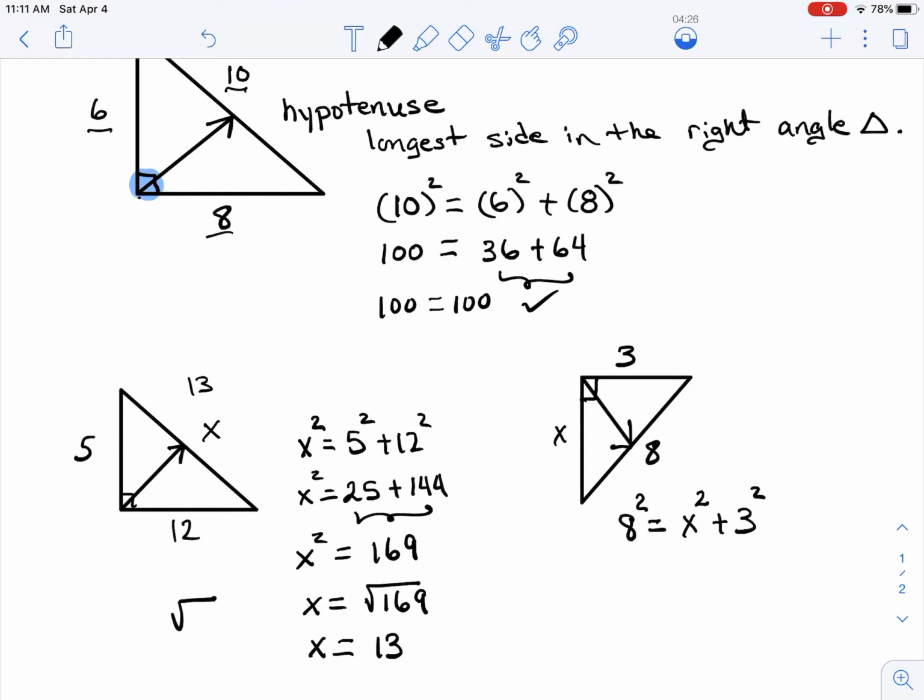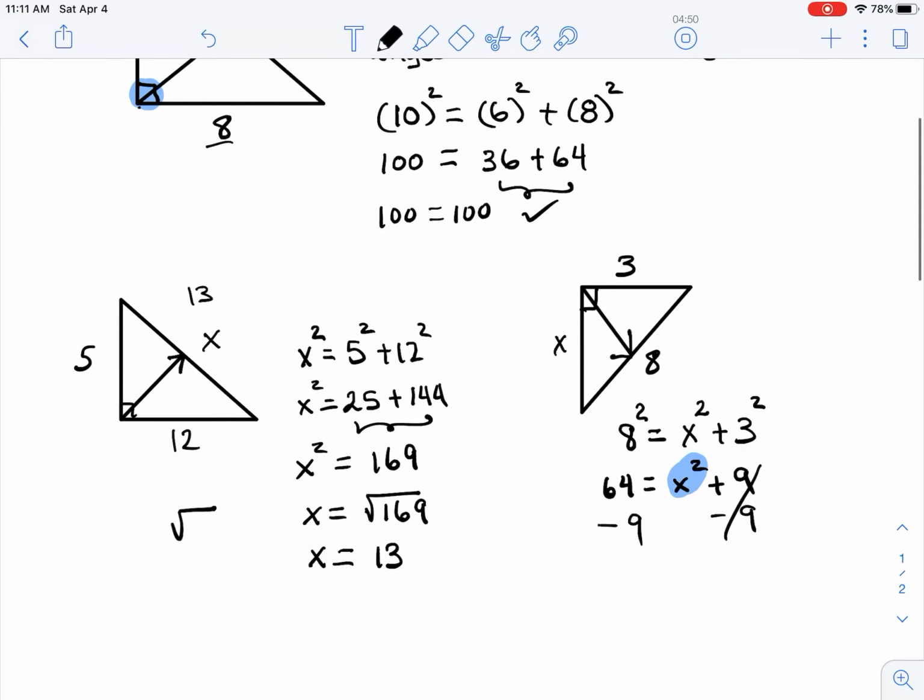So we're going to work it out similarly to the prior example. So 8 squared is 64. And I can do 3 squared, which is 9. What I want to do is I want to isolate that x to the exponent 2. So if I have plus 9 there, I'm going to take it away, but I need to balance that out. So now I've got 64 take away 9 is 55.